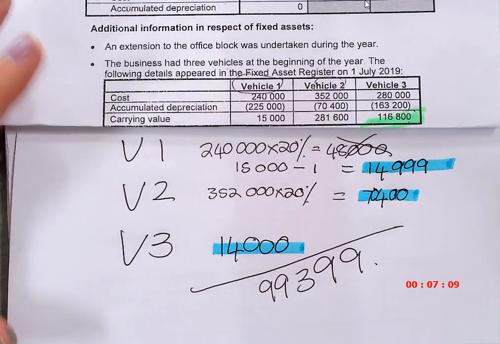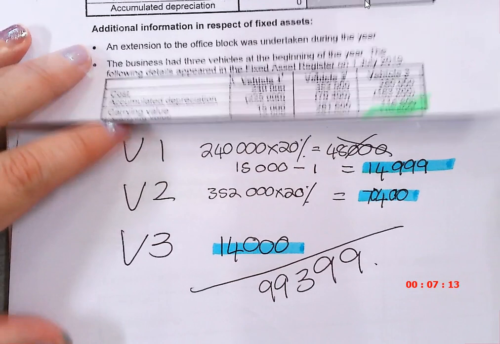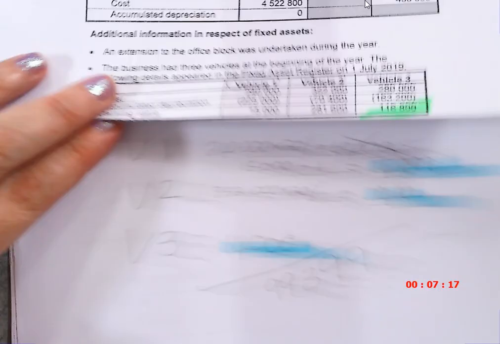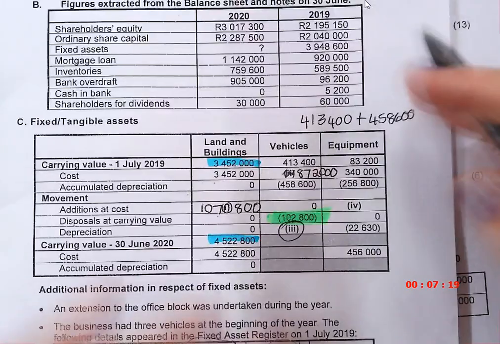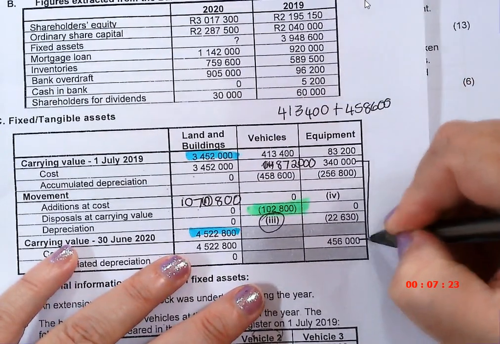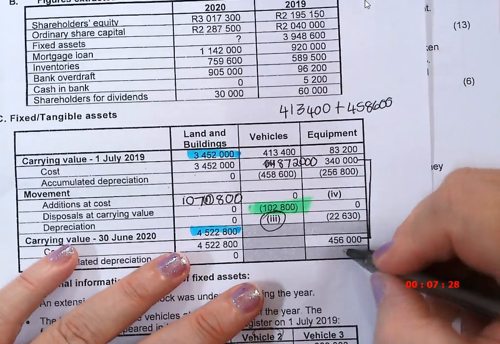So, the next one they want is number 4, which is the addition at cost for equipment. The addition at cost is now just the difference between the two costs. So it would be the 456 less the 340.